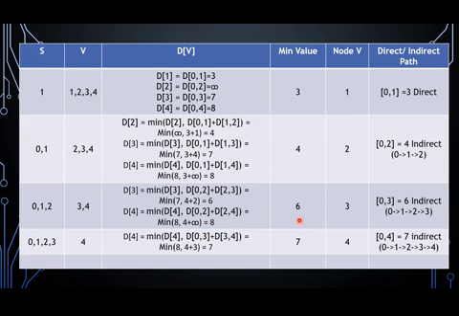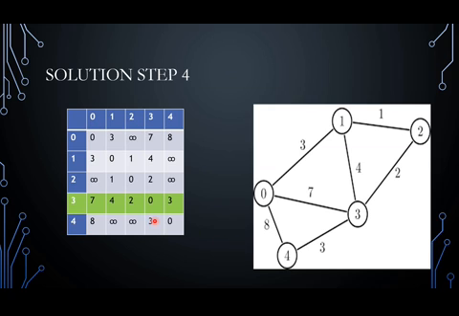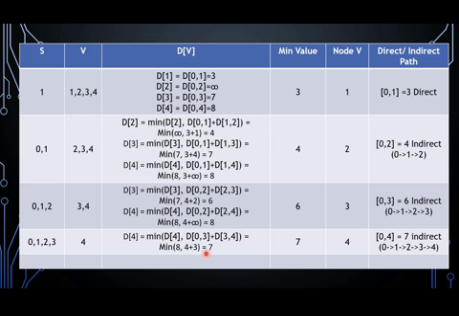D of 0 comma 3, minimum from the previous step, 6. Oh, sorry, I have done a typing mistake here. This is 6, not 4. And d of 3 comma 4 is 3. So this will be 6 plus 3, 9.